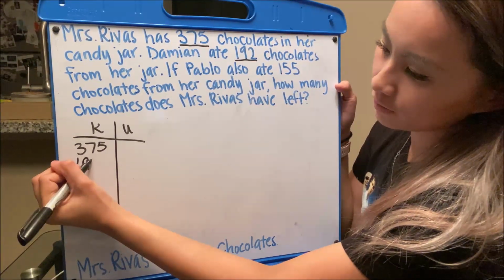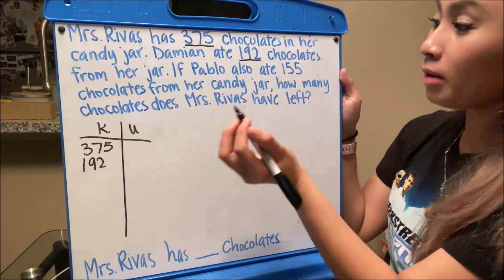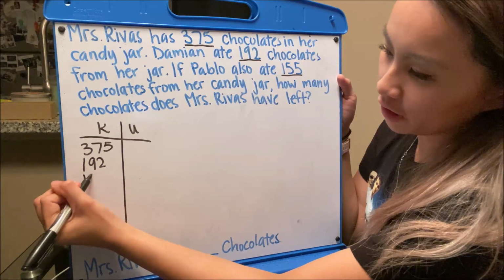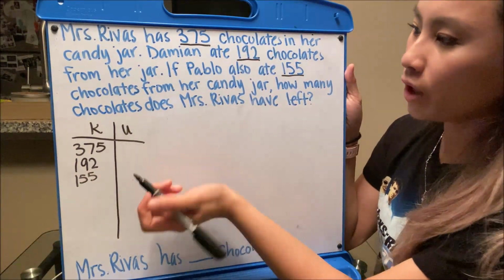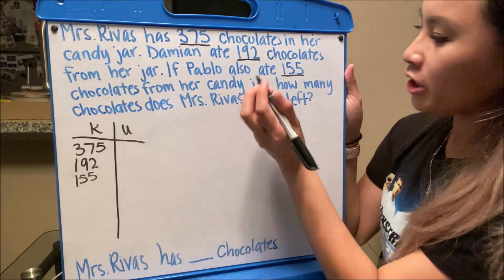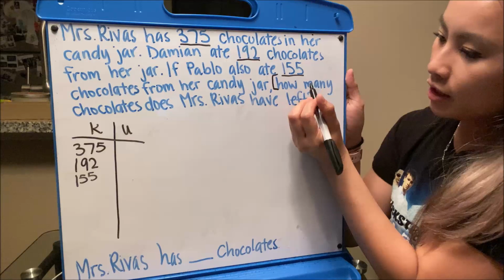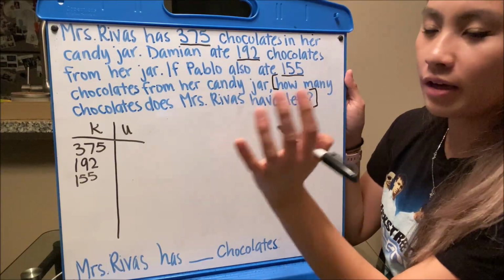And then Pablo also ate 155 chocolates from her jar. Now, what is the unknown? What are you trying to find? We are trying to find how many chocolates Mrs. Rivas has left after Damian and Pablo ate some chocolates.